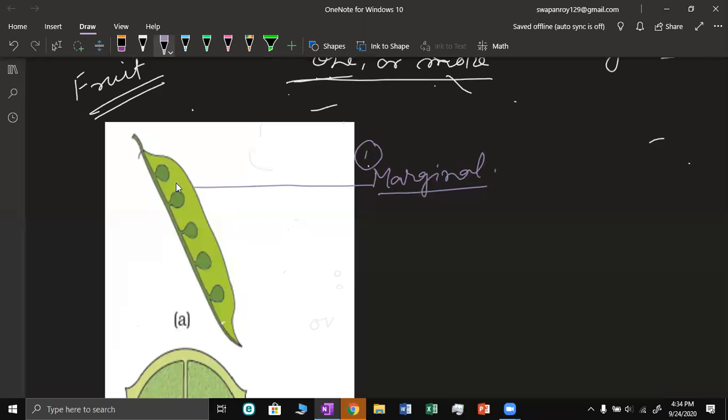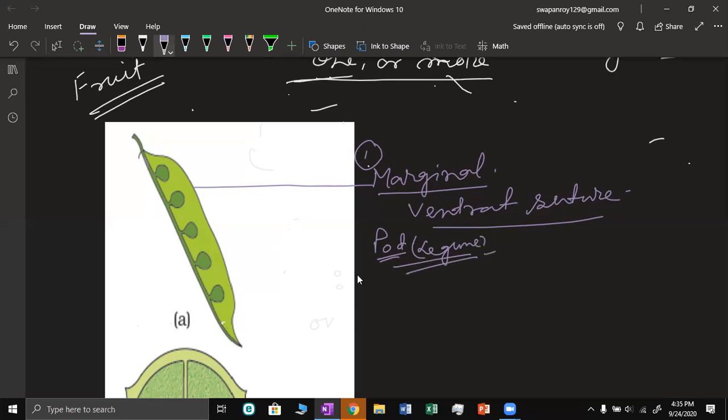Here the ovules are attached to the ventral suture. This is in the case of pea, etc., where the fruit is a pod, or legume.